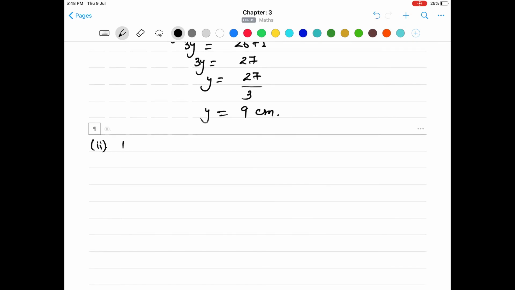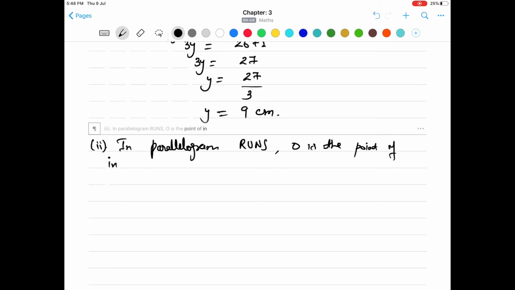So we'll write in parallelogram RUNS, O is the point of intersection of diagonals. Which are the diagonals?